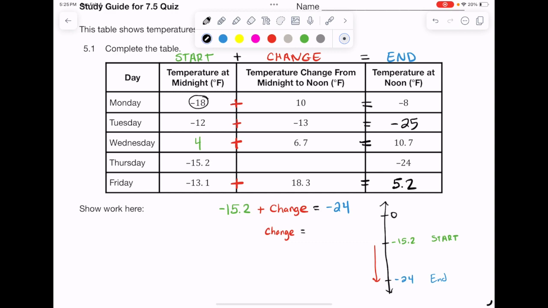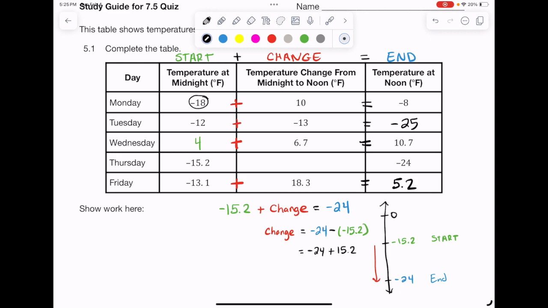Currently we have the start plus the change equals negative 24, so I'm going to subtract the negative 15.2. But subtracting a negative is equivalent to adding the positive.